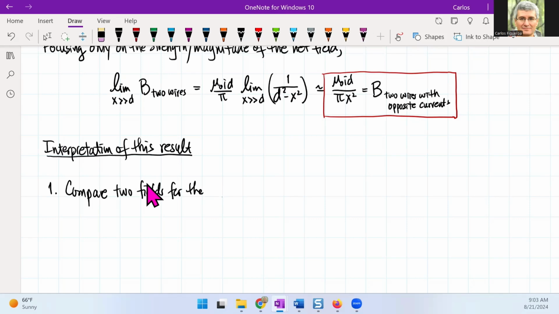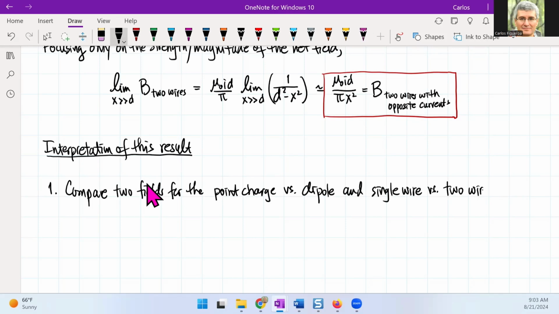Let me say for the point charge versus the dipole, and a single wire versus two wires with opposite currents.